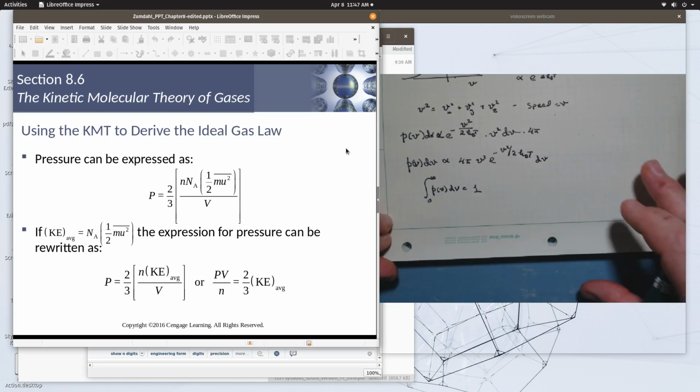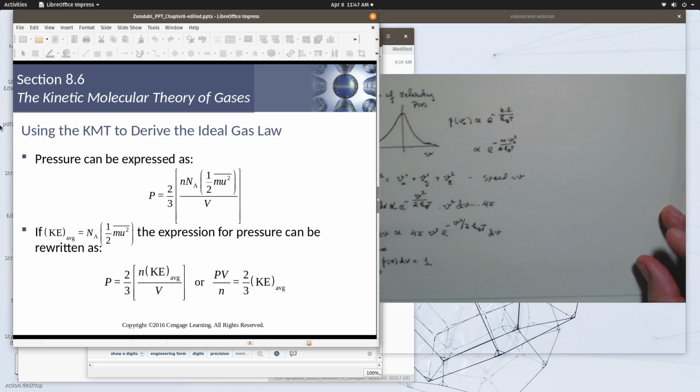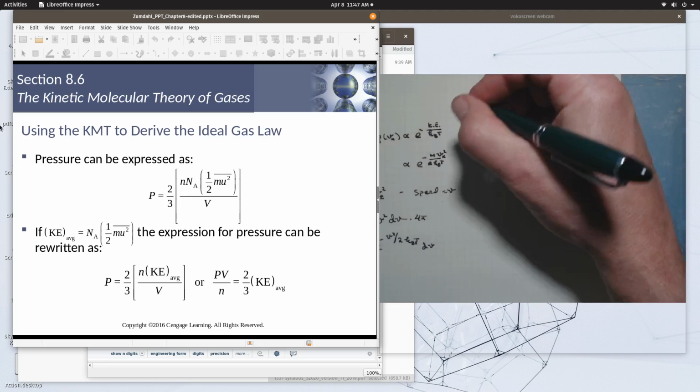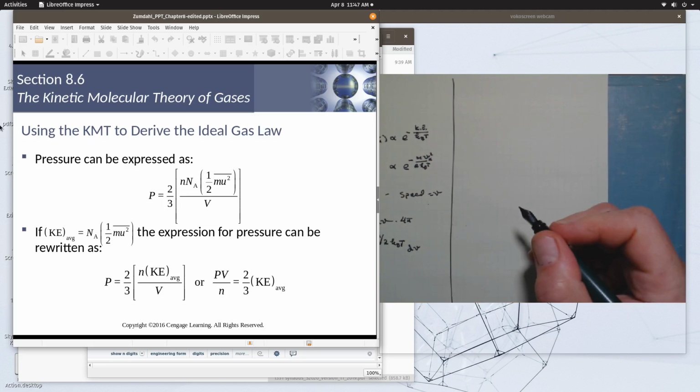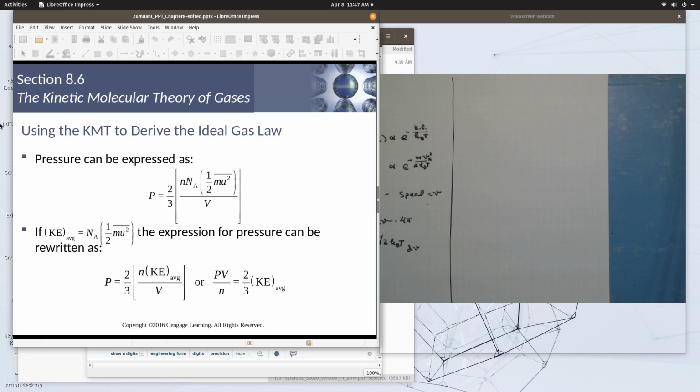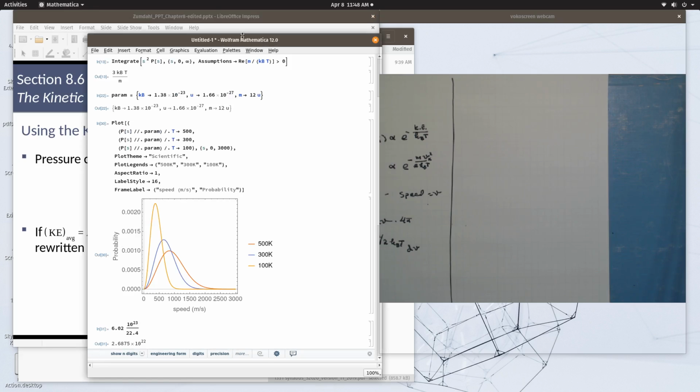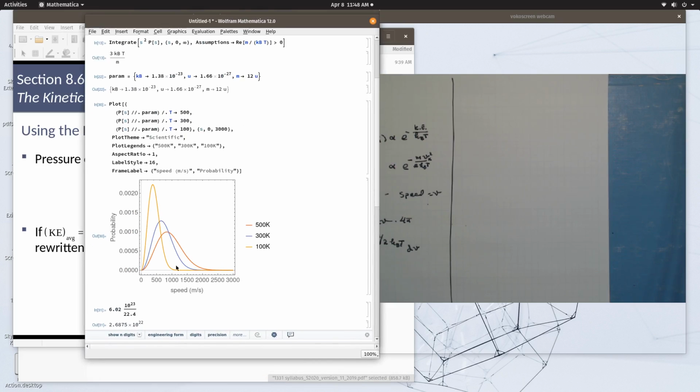Now, this is a probability distribution. If I make a plot of what this probability distribution happens to be, I get a plot that looks like this. Here I have plotted the probability as a function of the speed of an atom.